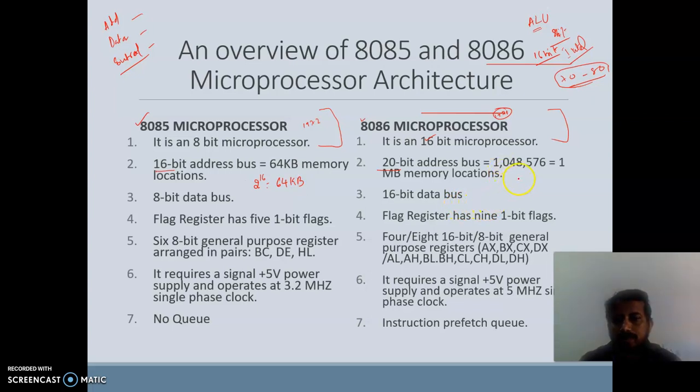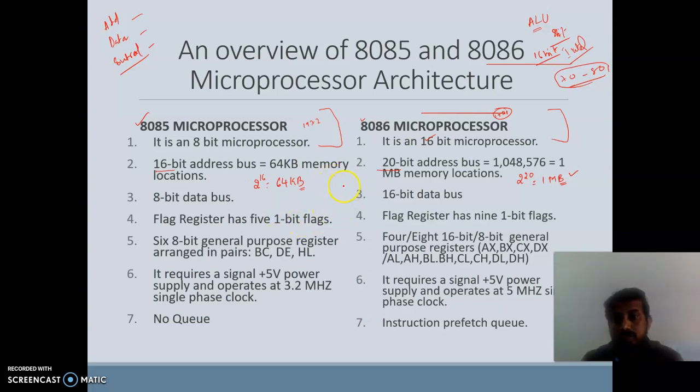Likewise, with a 20-bit address bus, you can address up to 2 power 20, which is equal to 1 MB of memory. Each memory location is of 1 byte, so in each memory location a byte of data is stored.